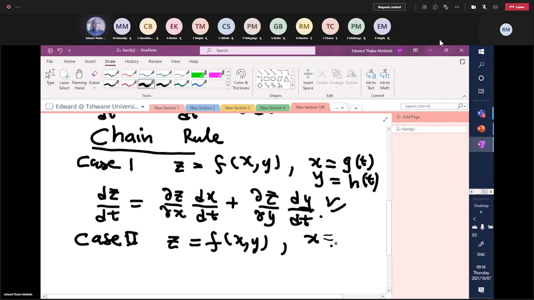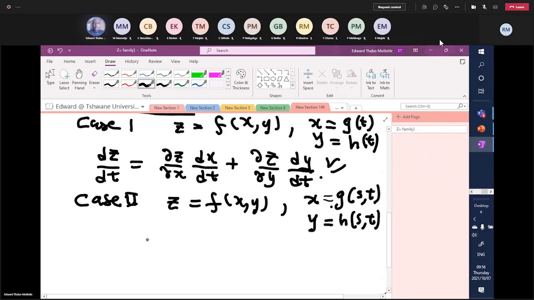In this case, x will be g of s and t, and y is equal to h of s and t. So now there are 2 things that you can determine. I can ask you to determine dz/ds, and I can ask you to determine dz/dt.